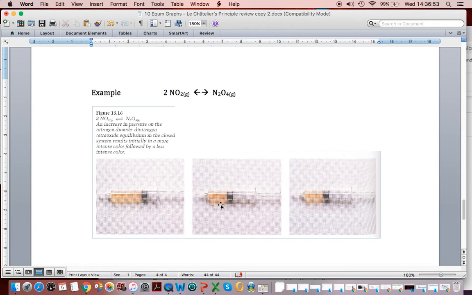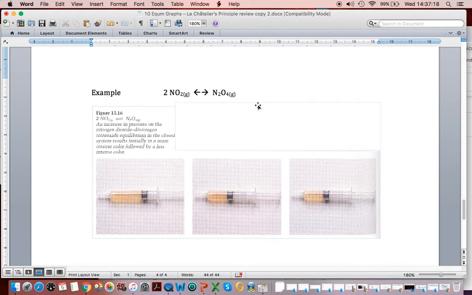Initially it goes darker, because we've made the concentration of everything higher. But over time, it gets lighter.